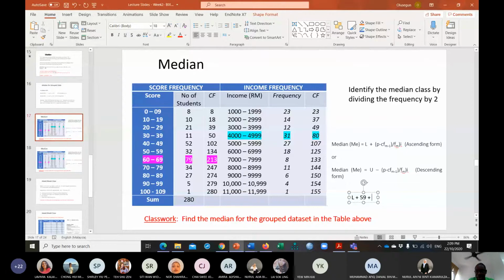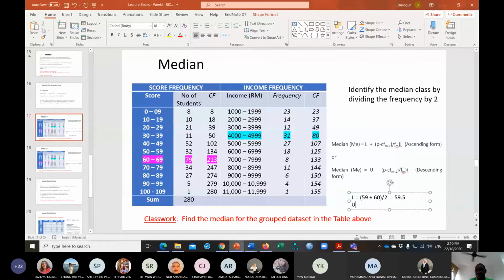plus 60, everything divided by 2. I hope you can see what I'm typing. This will equal 59.5.